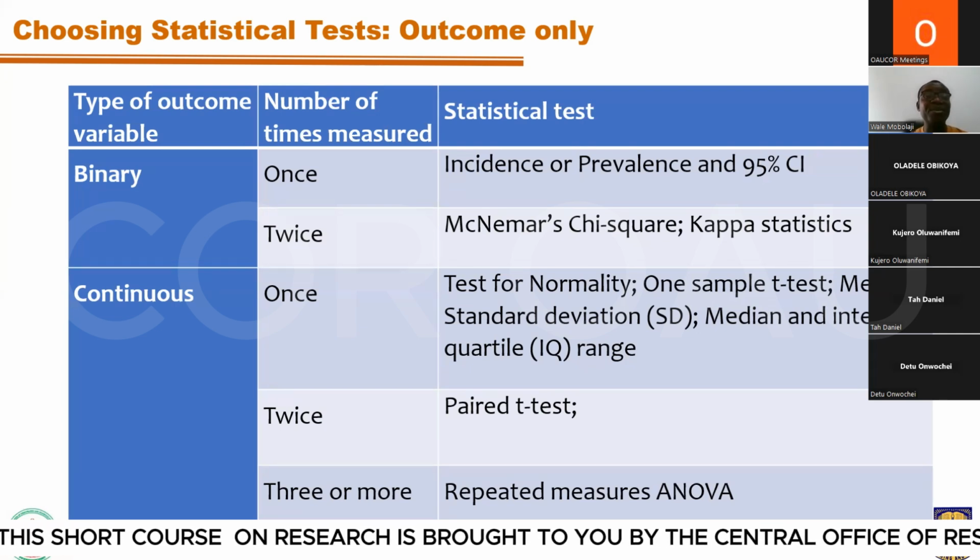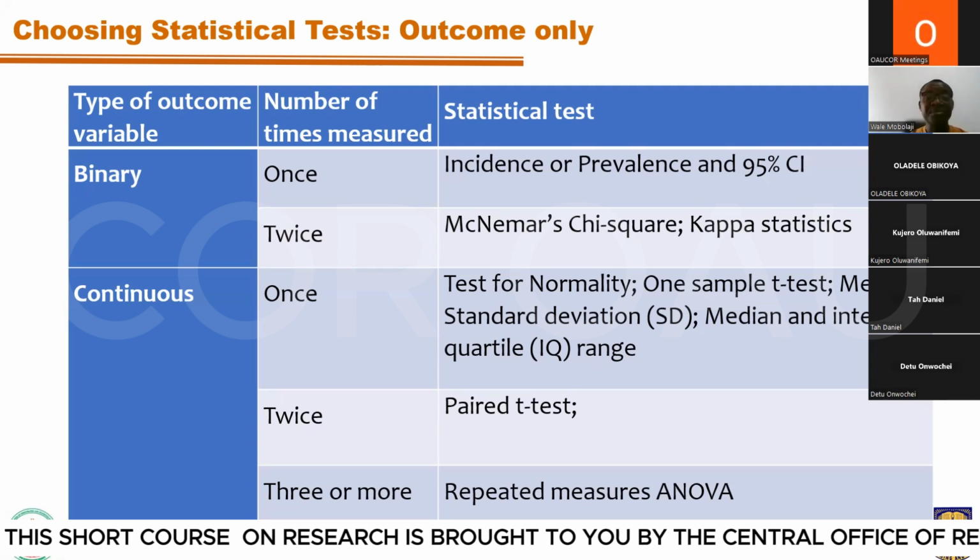Now, if your variable is numeric, at this point, we say maybe continuous. Before I move on to continuous, let me give another instance of the binary outcome variable. I just talked about if it is measured once or measured twice.